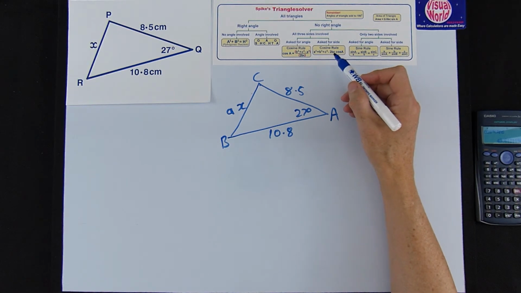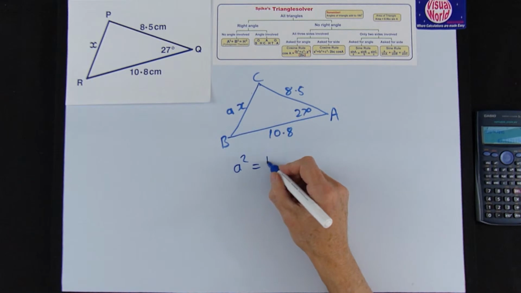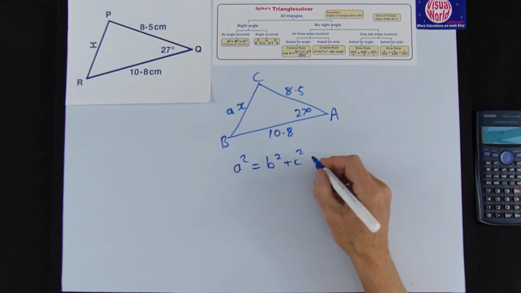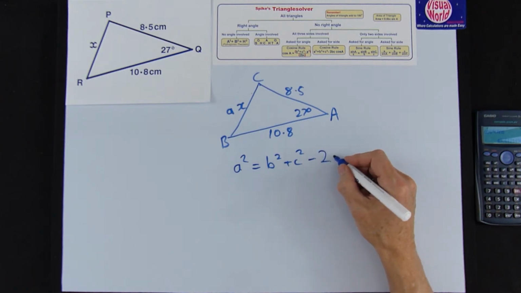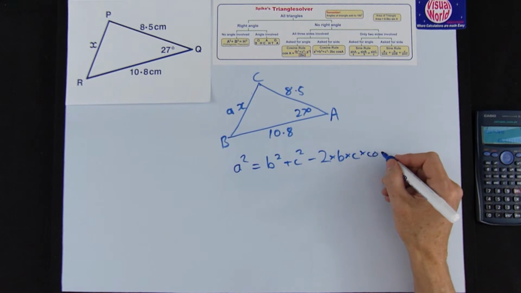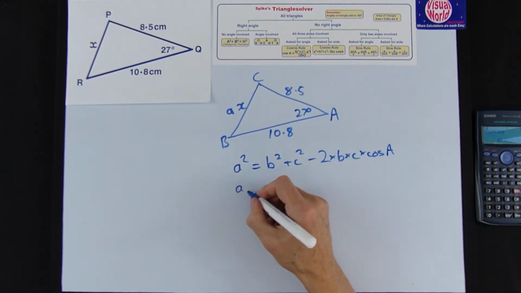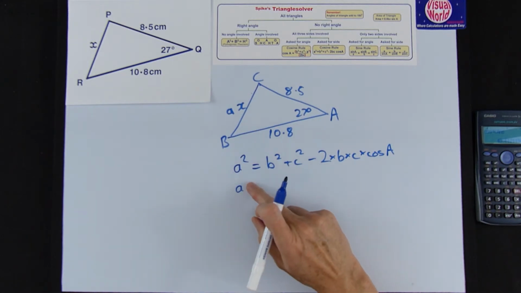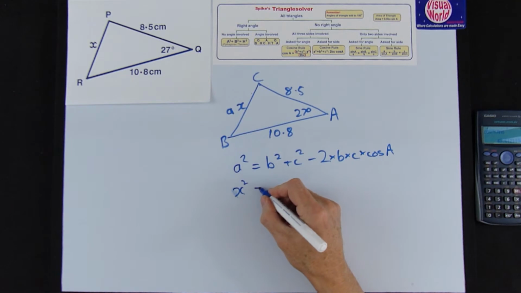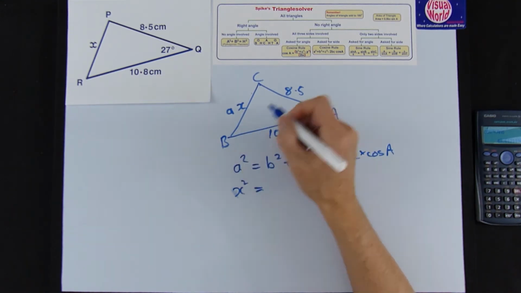That's our formula there. So we write out A squared equals B squared plus C squared minus 2 times B times C times cos A. Putting in our numbers. Oh, change that to your x. The A was the x, so it's x squared equals B squared, which is, oh, I hadn't named it.